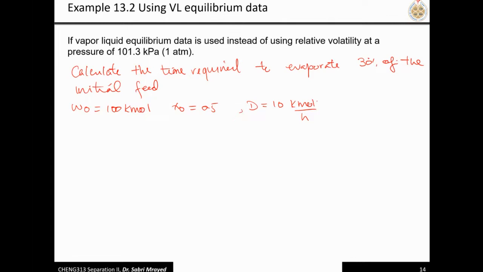And he wants what is the time required that will lead to evaporation of 30% of the initial feed. So what does that mean? It means W will be what? It will be 100 minus 30% of the 100, which is evaporating 30% of this one. It's going to be what? Sorry, 30% is 30.